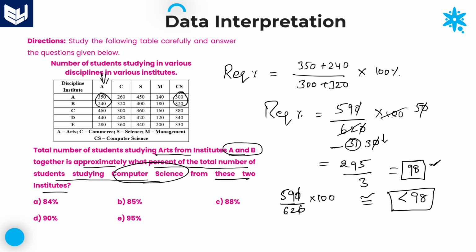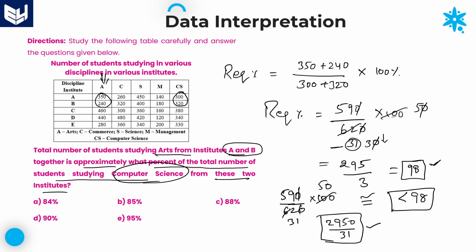Here 0, 0 cancel, and this is 31 and this is 50. If you observe carefully, 59 into 50 is 2950, divided by 31. If you are in a position to solve this particular calculation, then only will you get the exact result; otherwise you will not.